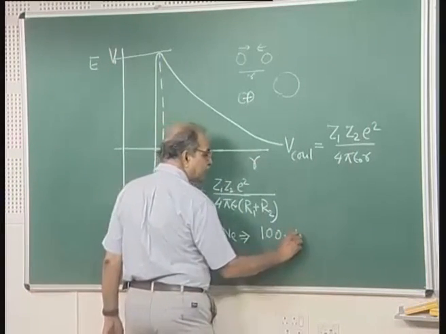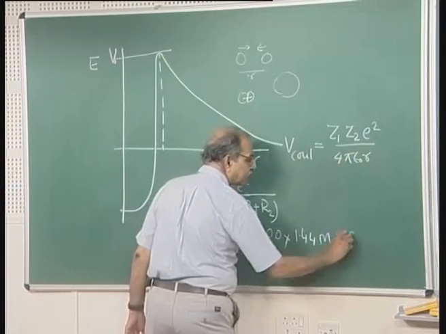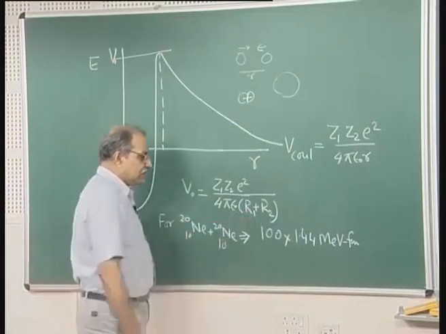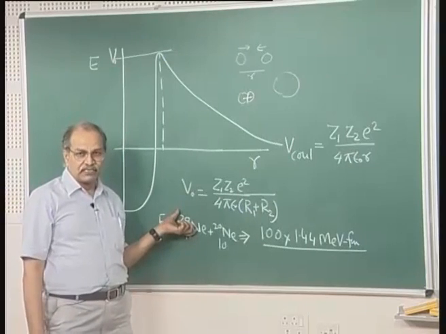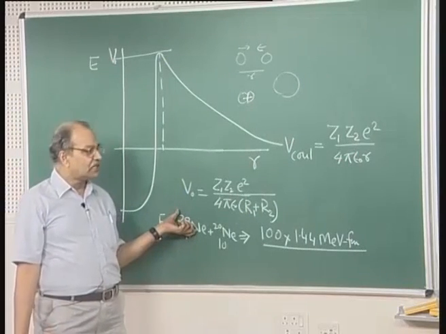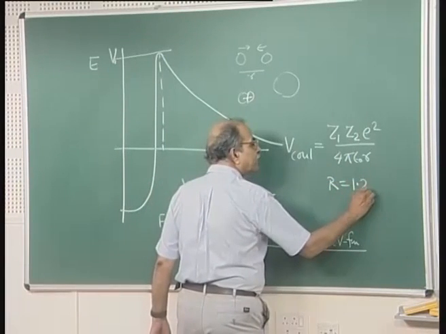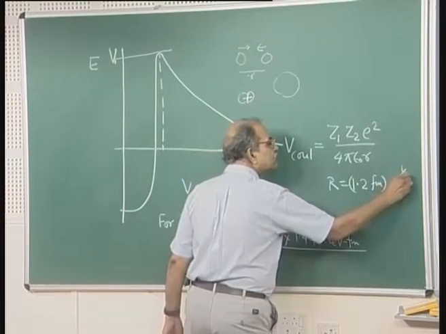It is 1.44 MeV femtometer, and then divided by 2 times R, which is R1 plus R2. Now, the radius you can estimate: R is equal to 1.2 femtometer times A to the power 1 by 3.